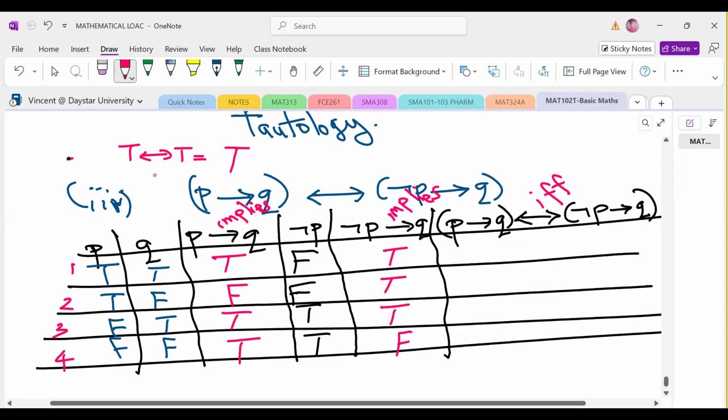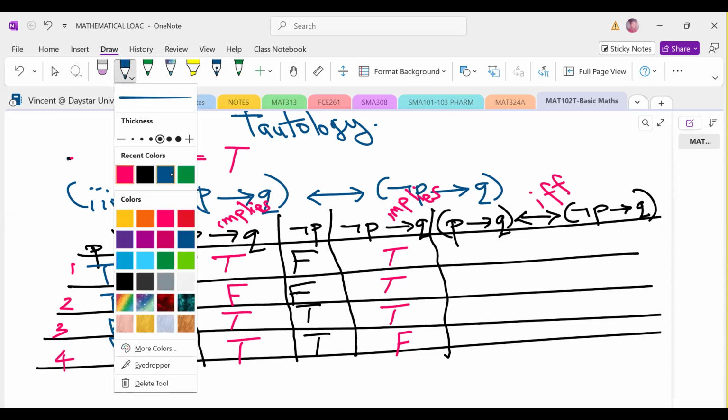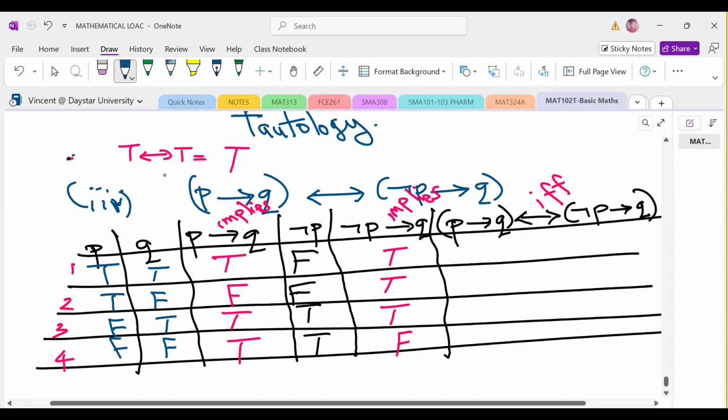Ana tumesema when you want to interpret this operation, it's very easy. Iko na arrows mbili, left and right, okay? So for you to get a T value, what arrow on the left is pointing at, if the same thing as what the arrow on the right-hand side is pointing at, the answer must be true.